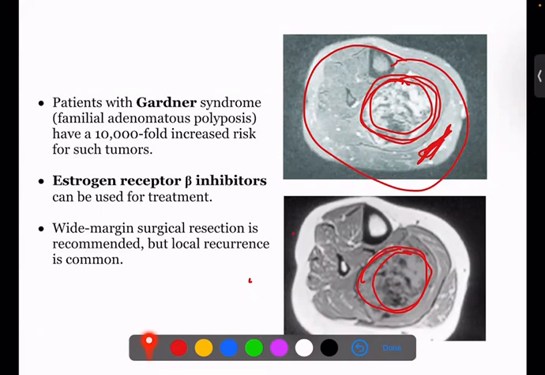And the cortex has no fat and no fluid. That's why the cortex over here is dark. Go to T1, cortex is also dark. But bone marrow has fat. That's why we have fat embolus. So medulla has fat. Subcutaneous fat is bright. Medulla is bright.